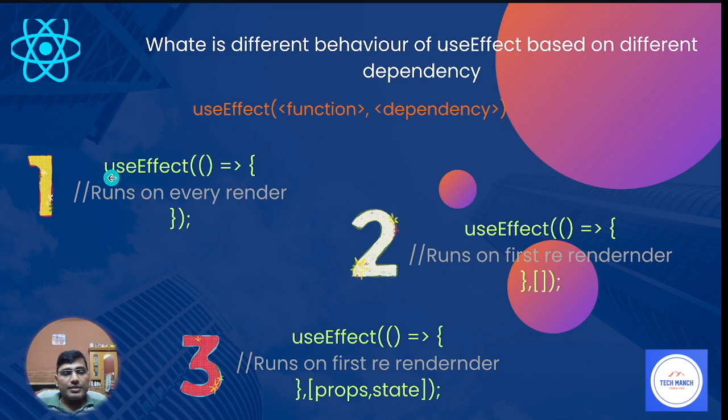Number one, let's suppose you are not passing any dependency into the useEffect hook. In that case, your useEffect function will run whenever any change happens in your functional component, right?